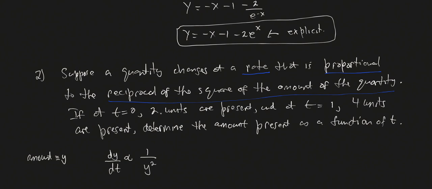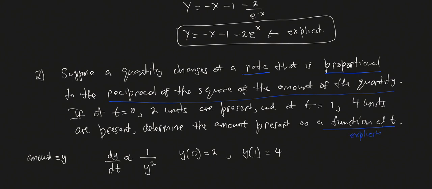If at t equals 0, so y of 0, there are 2 units present. And then at t equals 1, there are 4 units present. So y of 1, we have 4 units. Determine the amount present as a function of t, right? So we have to find y as a function of t. So when we see this as a function of t, it means explicitly.